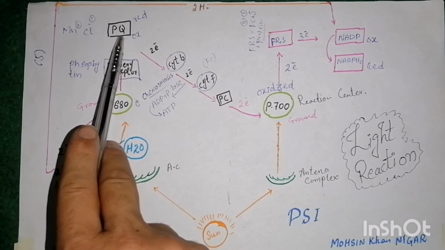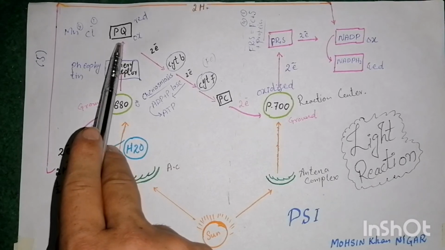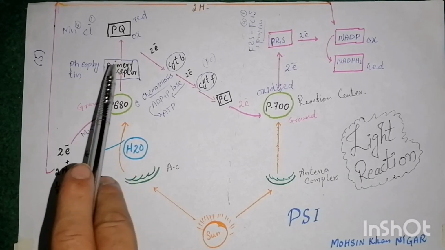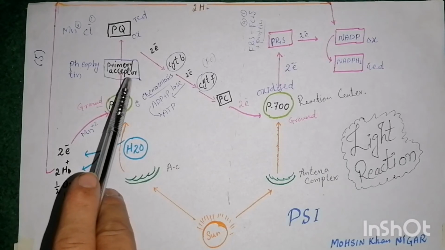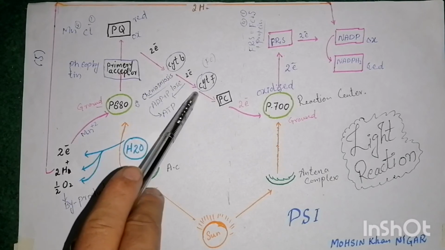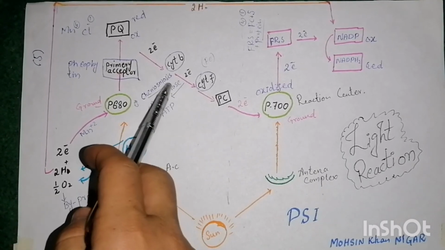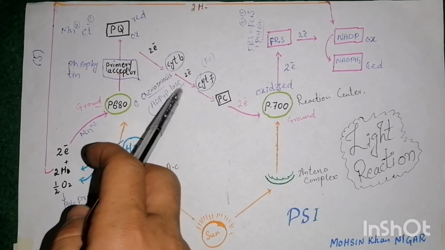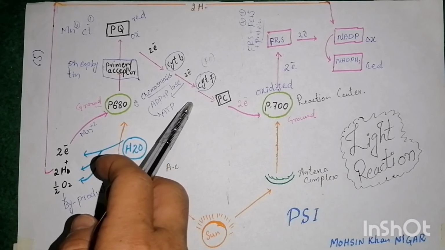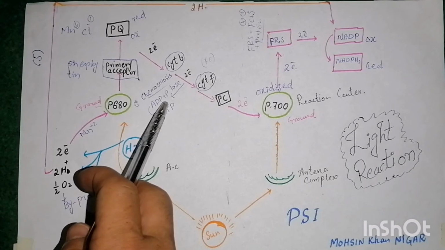The electron is transferred by electron carriers to cytochrome B and cytochrome F. During the transfer of the electron from cytochrome B to cytochrome F, some of its energy is used, so chemiosmosis occurs and forms ATP from ADP and phosphate.